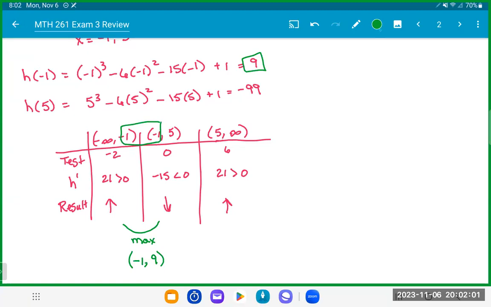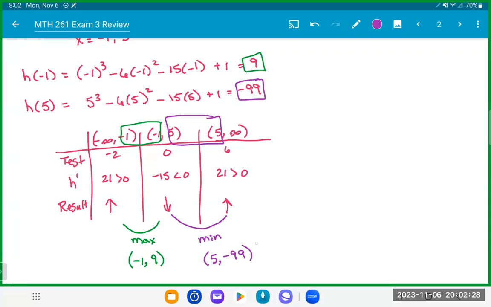Okay, similarly, when we're looking at the negative values, this one is our most negative. That occurs when we go from decreasing to increasing. We have that minimum. That minimum occurs when our x is equal to 5 and our y value is -99.